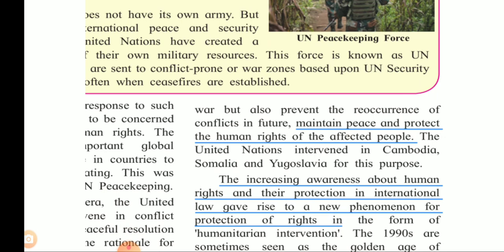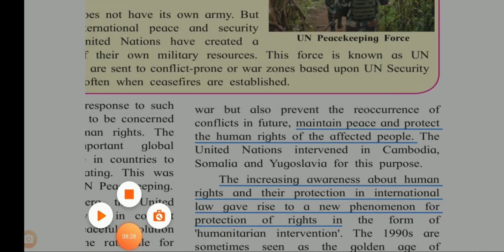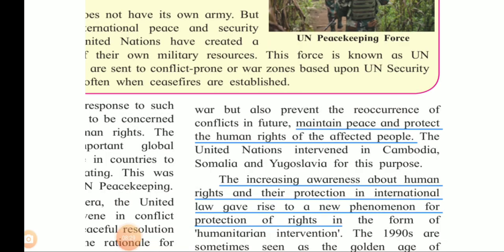February 1992 to September 1993. India sent military and police forces in Cambodia to maintain peace and restore human rights.